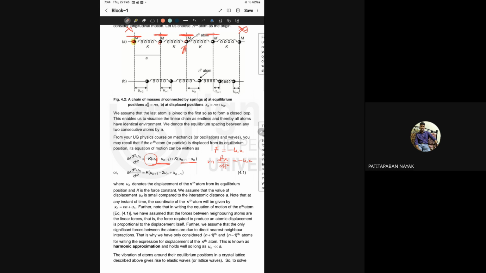Instead of just taking their position, we are taking the relative position of one atom with respect to its nearest neighbor. Then if we simplify, m d square un by dt square equals k times un plus 1 minus 2 un plus un minus 1.